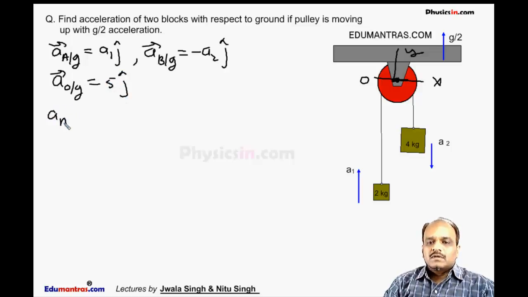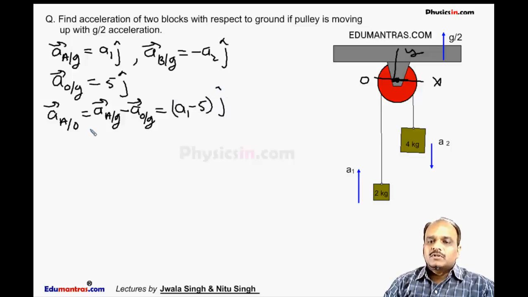So the acceleration of A with respect to the observer can be written as the acceleration of A with respect to ground minus the acceleration of the observer with respect to ground. So this comes out to be a1 minus 5 j cap. This is the acceleration of A with respect to O.